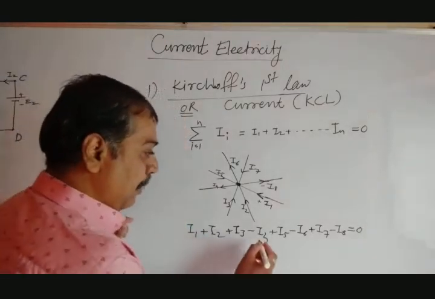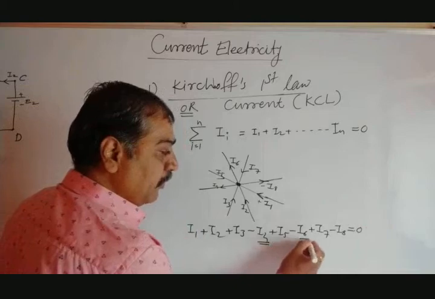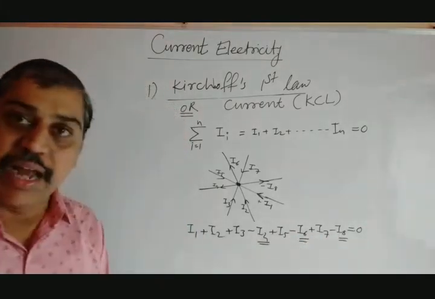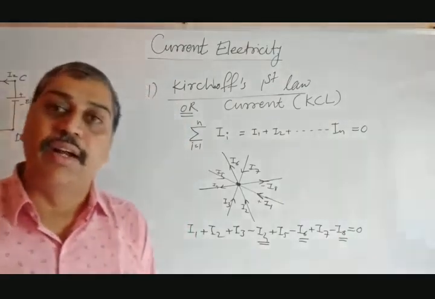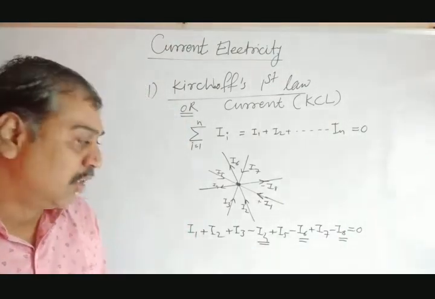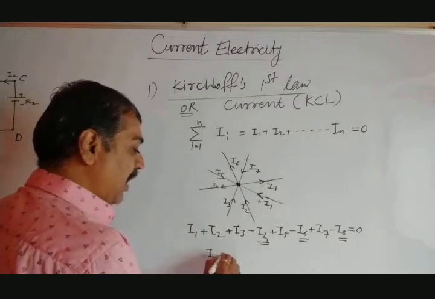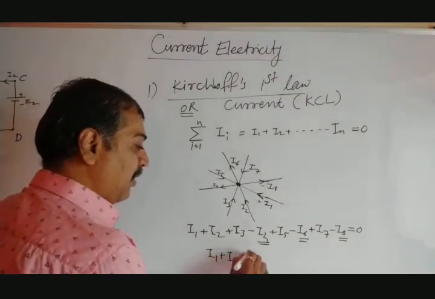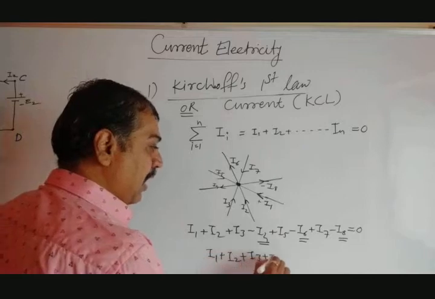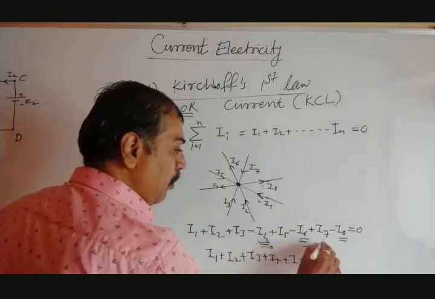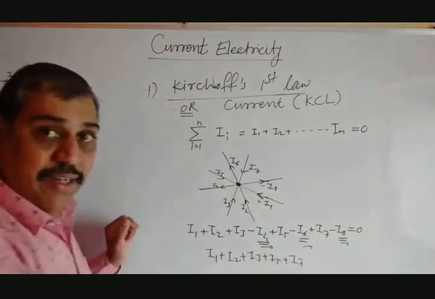If you consider this 1, this is 2, and this is 3, then 4, 6 and 8: I4, I6 and I8 are the currents going away from the junction. So you can write a simple equation from this. Just take the positives to one side, I1 plus I2 plus I3 plus I5 plus I7, and move all the negatives to the right hand side, the 0 side.